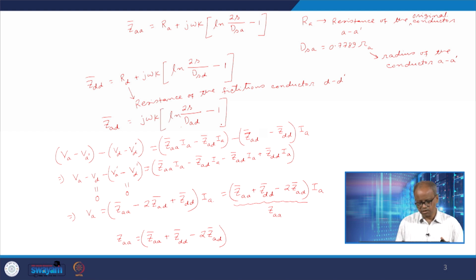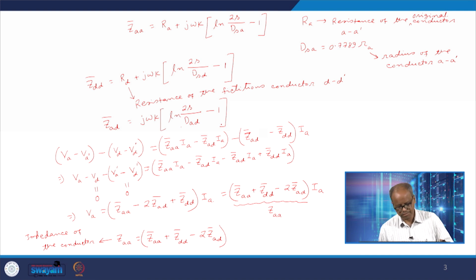So, this is the self impedance of the conductor, right.